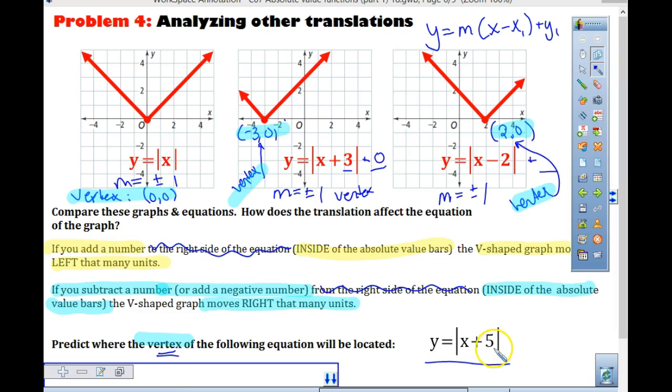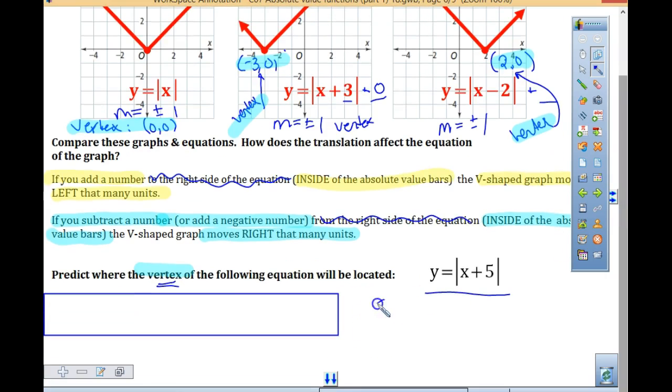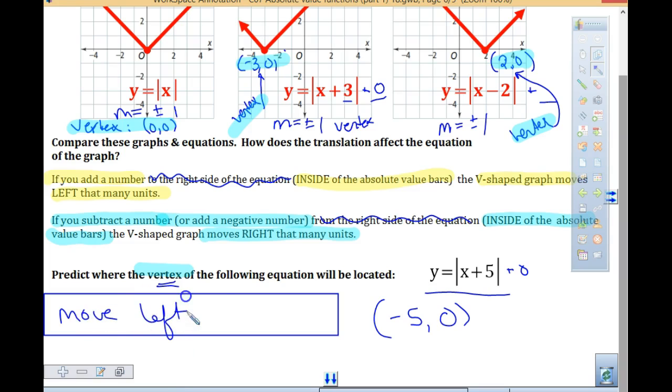So the left of 0 would be where? -5. So I'm thinking that this is going to be -5 and 0, because there's nothing outside here, right? Could you have told me move to the left 5? Yes, but then make sure you give me the ordered pair also, -5, 0.